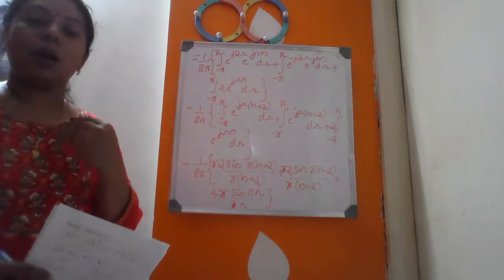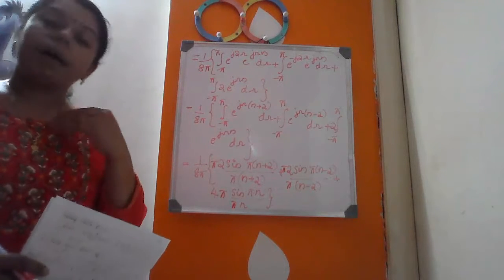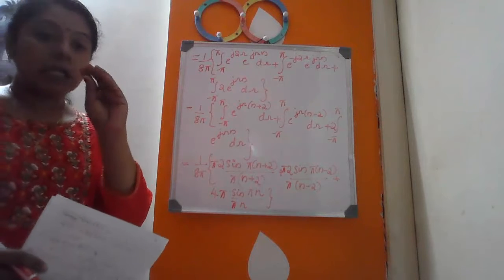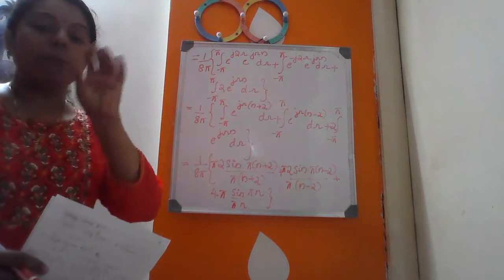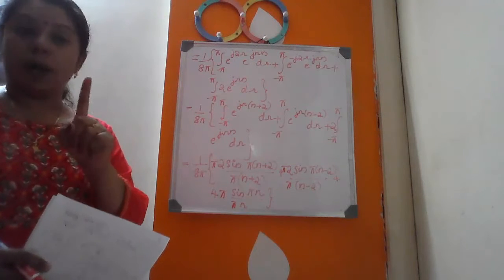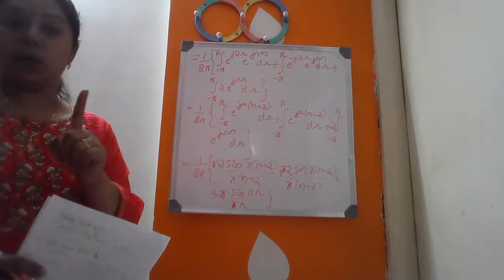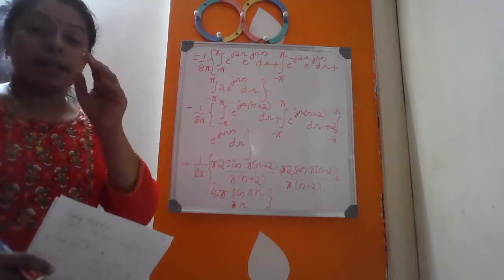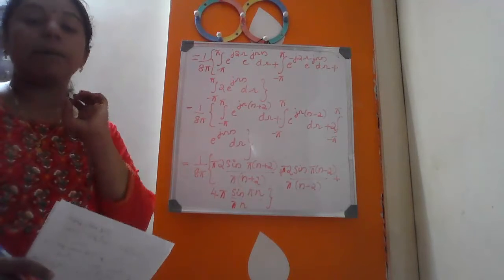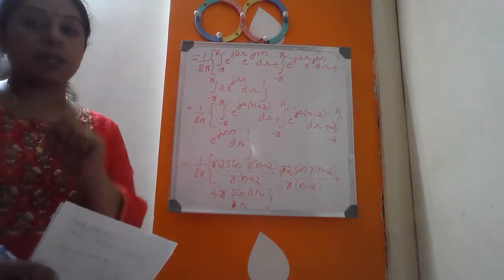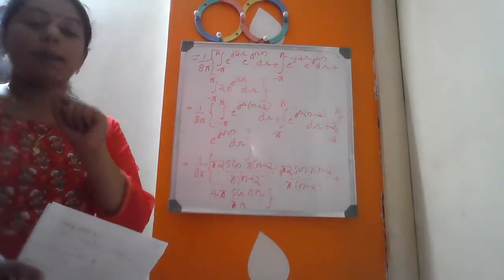By using L'Hospital's rule, sine pi n by pi n has a value 1 only at n equal to 0. For all the remaining values of n, sine pi n by pi n is 0. This is what you studied in L'Hospital's rule in mathematics, so I am going to apply that.